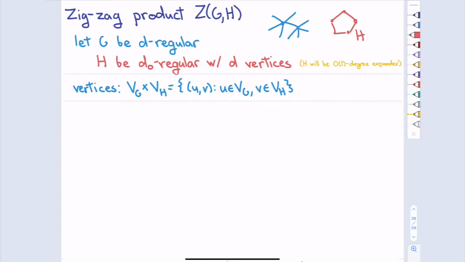Okay. Now, before I unveil the edges, I want to say the high level goal of the zigzag product is to decrease the degree. The idea is that the graph powering step has already made progress on the spectral gap, which is great, but it's hurt the degree. And so what I want to do in this step is try to bring the degree back down, but not kill the spectral gap too much.